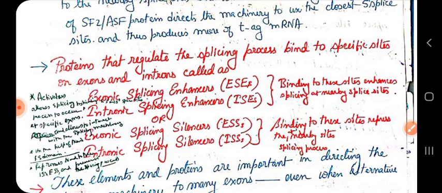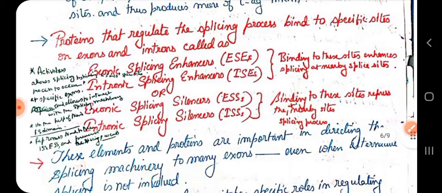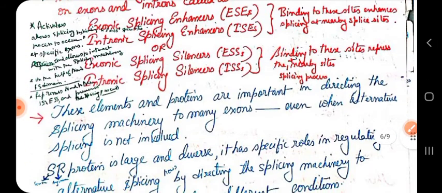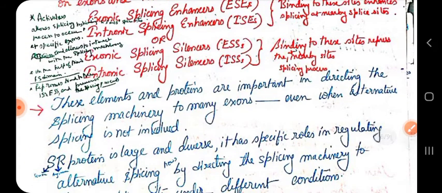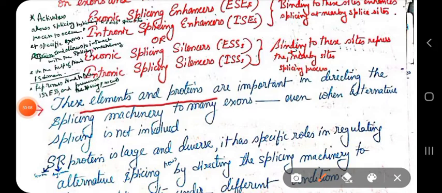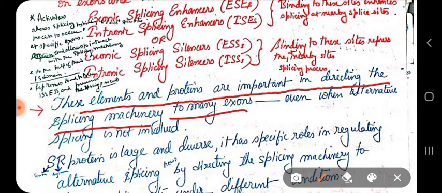There are also other sequences called exonic splicing silencer or intronic splicing silencer. Binding of proteins to this silencer region will repress the splicing process. Now these sequence elements and proteins are very important in directing the splicing machinery to many exons, even when alternative splicing is not involved.